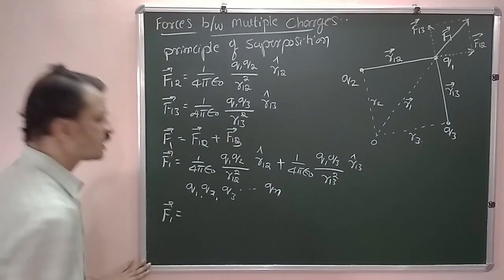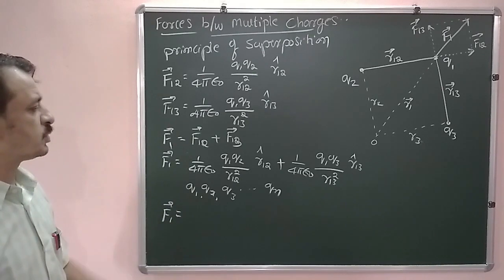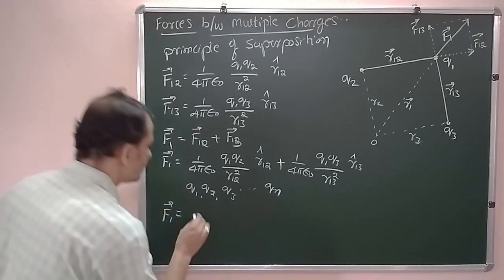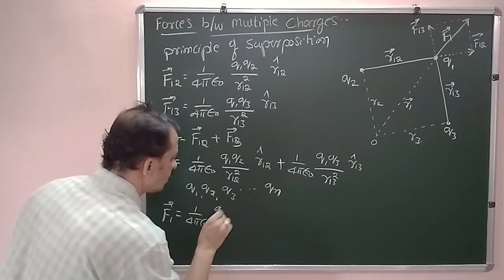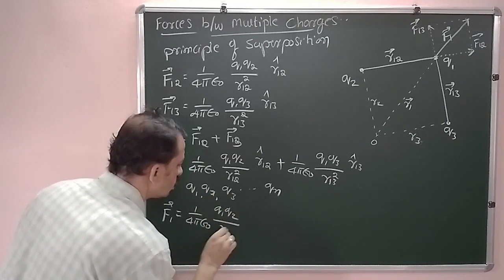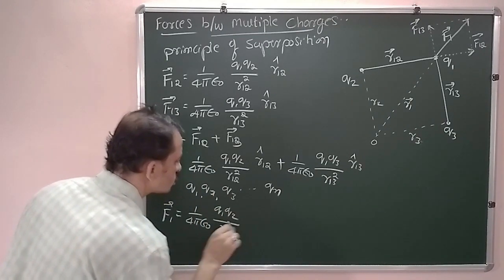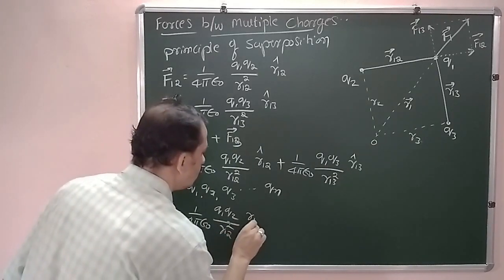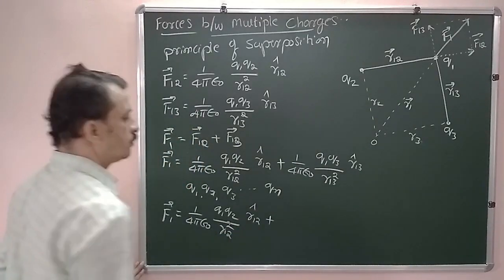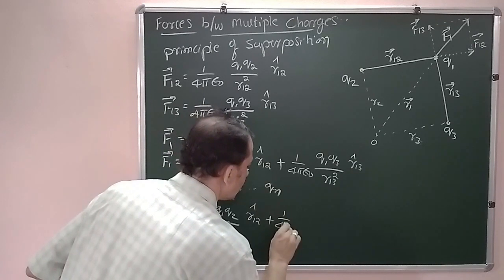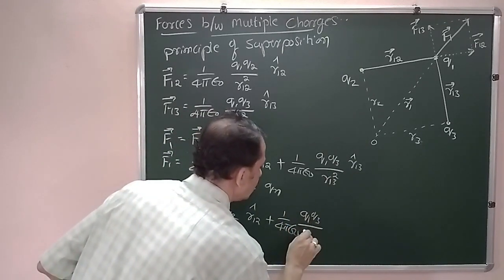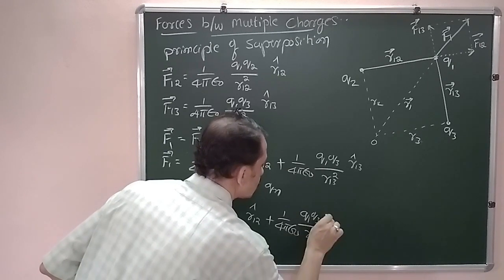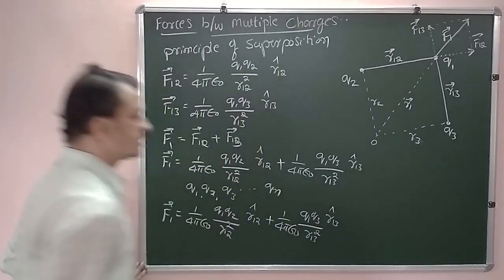The total force or net force according to the principle of superposition can be written as, between the first pair of charges, the same thing, Q1 Q2 divided by R12 square into R12 cap, plus 1 divided by 4 pi epsilon naught, this term Q1 Q3 divided by R13 square into R13 cap.